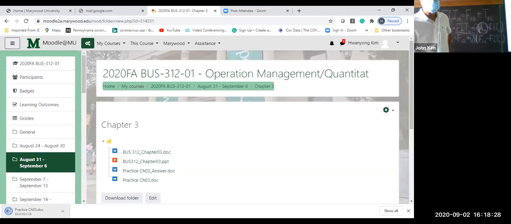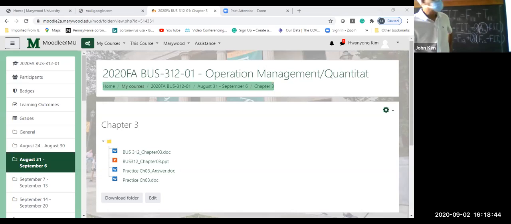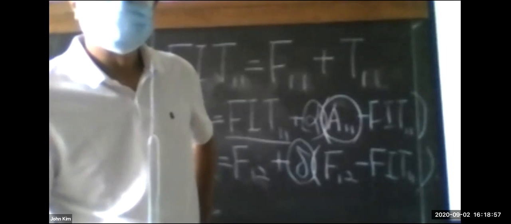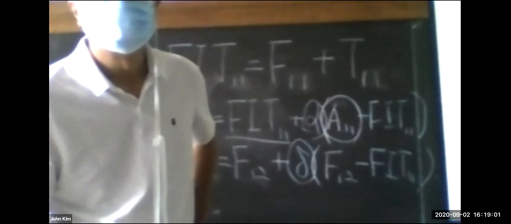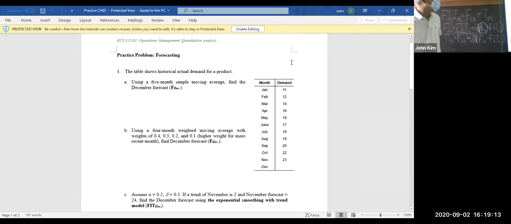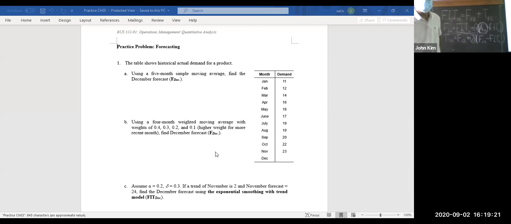You have a practice problem on Moodle. This practice problem, question C, is a similar one.